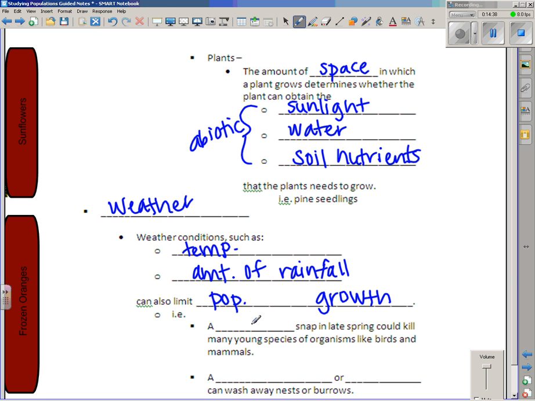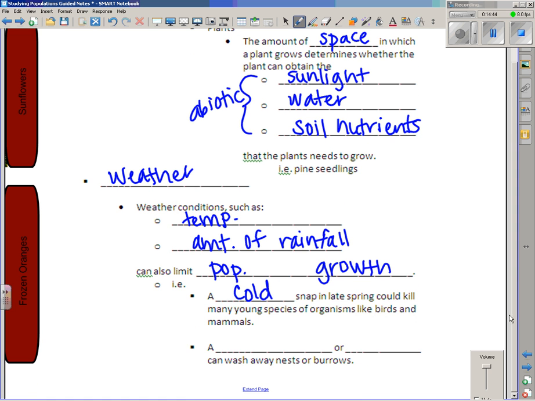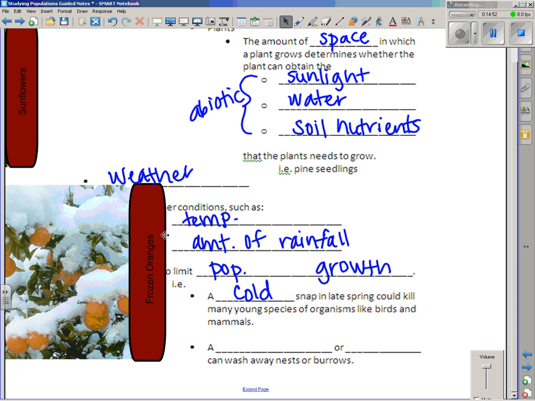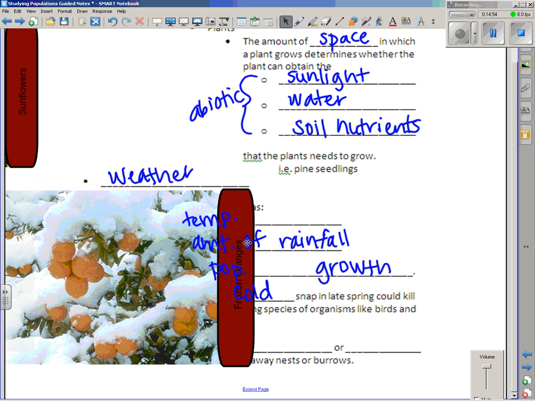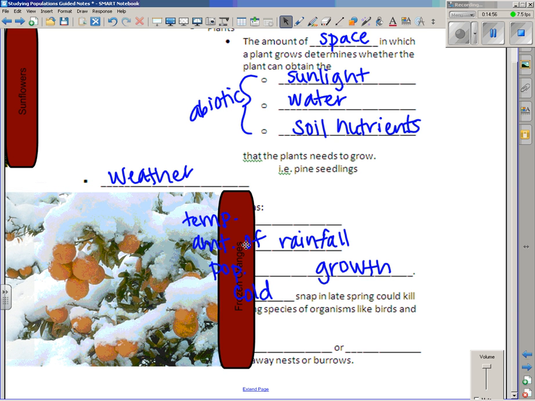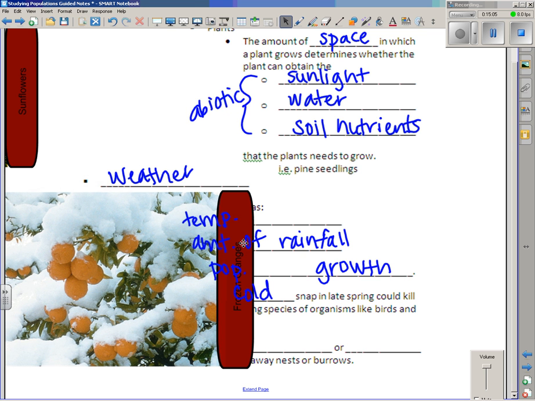So, for example, like a cold snap in late spring, that could kill many young species of organisms like birds and mammals. It could also affect your plants. So if you have oranges that have already been growing on the trees and Florida has a cold snap, well, your oranges might not make it through. And that's a limiting factor where your population of oranges, the organism, would decline.